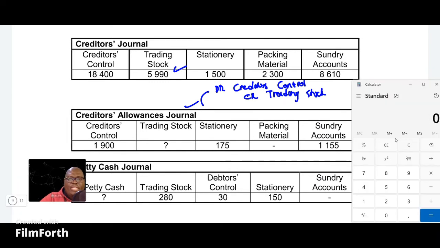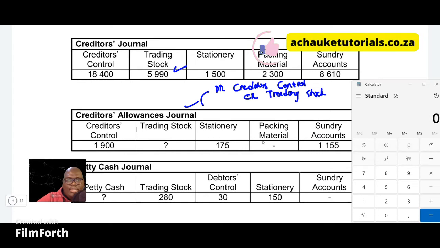So for us to be able to calculate it, we are going to say 1,155 minus 175. Sorry, no. 1,900 minus 175 and then minus 1,155. I think there's an error here.